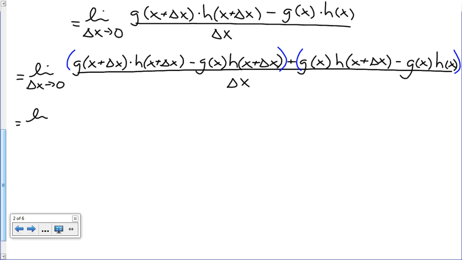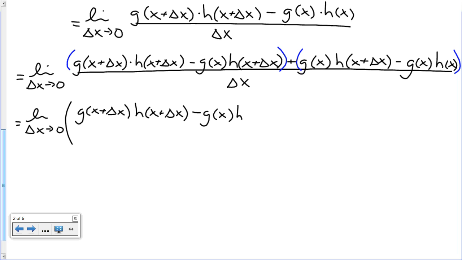This is equal to the limit as delta x goes to 0 of the following. It's going to be g of x plus delta x times h of x plus delta x minus g of x times h of x plus delta x. I'm going to write that all over delta x.